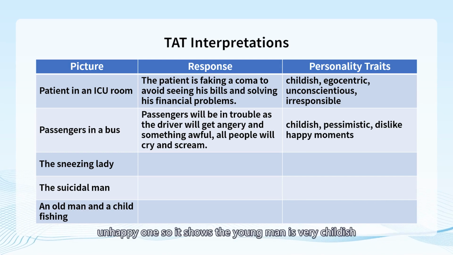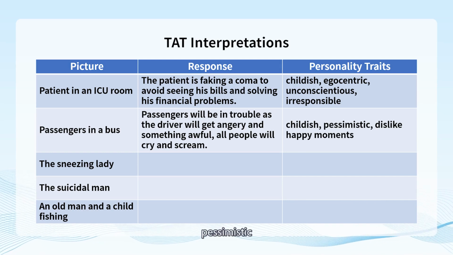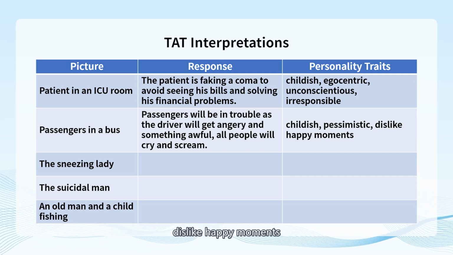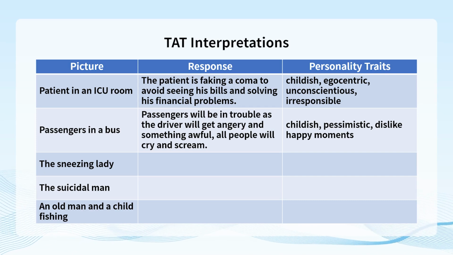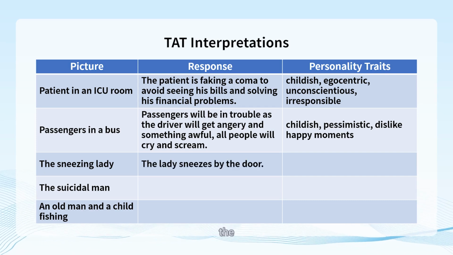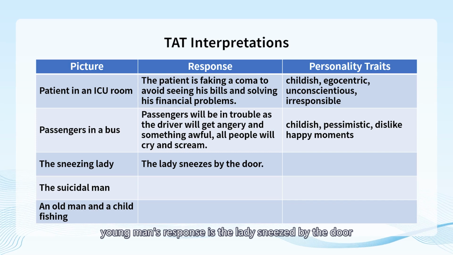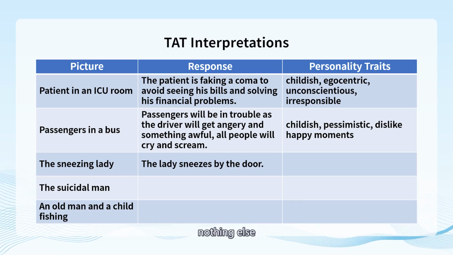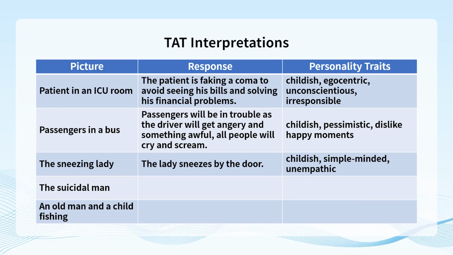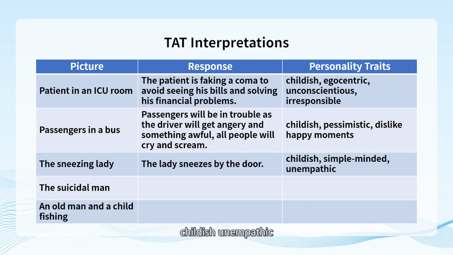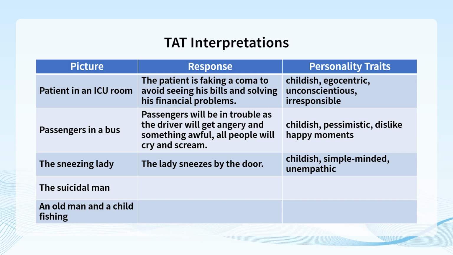So he showed the young man is probably very childish, pessimistic, and dislikes happy moments. Third, the sneezing lady. The young man's response is the lady sneezed by the door. Nothing else. Well, this probably showed the young man is pretty simple-minded, childish, unempathic.